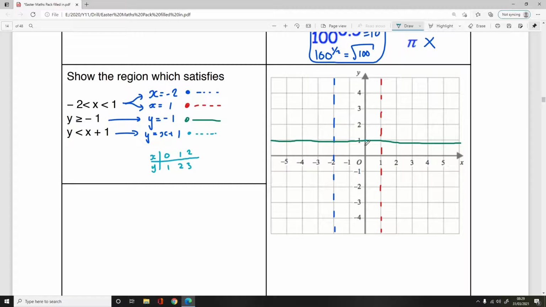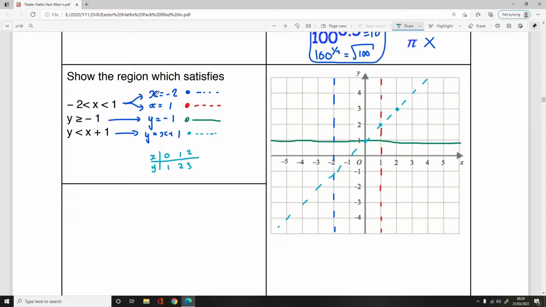So we've got 0, 1, 1, 2, 2, 3. You could also think about it having a gradient of 1 and an intercept of 1, so it'd have to go through the y-axis at 1 and then go up 1 square every time. But either way, that's a dotted line, as said. There we go. So here's all of our lines.